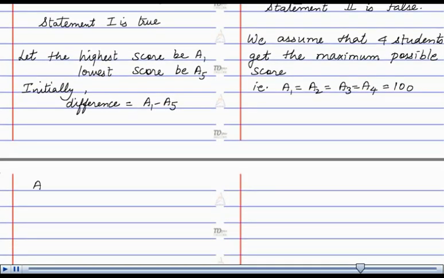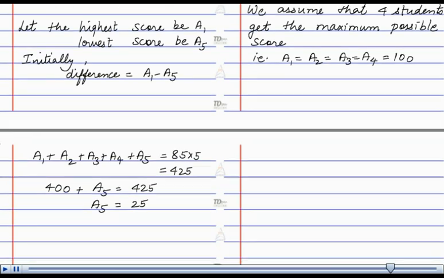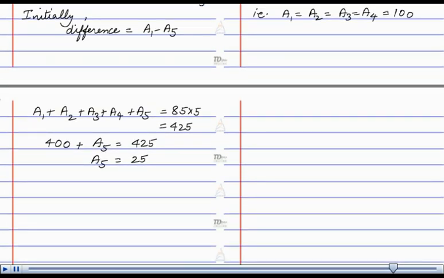But since the new average says A1 plus A2 plus A3 plus A4 plus A5 is given by 85 into 5, which is equal to 425, this gives 400 plus A5 is equal to 425. Therefore, A5 is equal to 25. Hence, the third statement is also true.